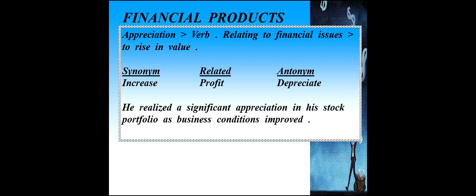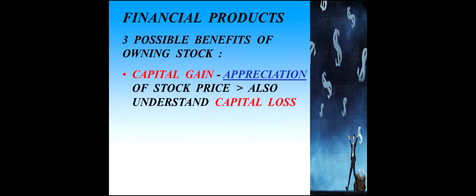He realized a significant appreciation in his stock portfolio as business conditions improved. Unlike a bond, which is static, meaning if you buy a $10,000 bond, on the maturity date you'll get $10,000 back. Yes, you've earned interest during the period of time you've held the bond.